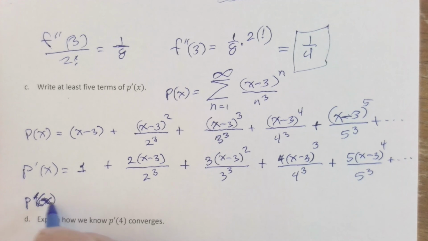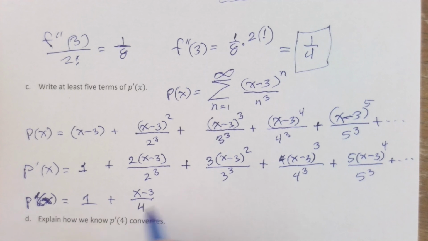Here we go. We'll keep this 1. We'll cancel one of these 2's and write x minus 3 over 2 squared, which is 4. Okay, we'll cancel one of these 3's, and now we have 3 squared on the bottom, which is 9. So this is x minus 3 squared over 9.